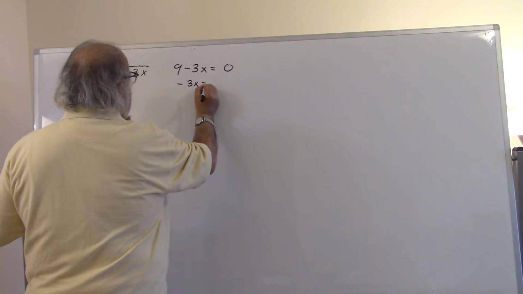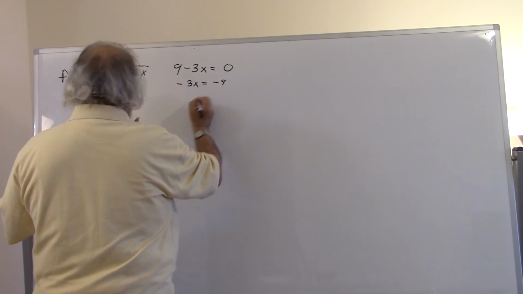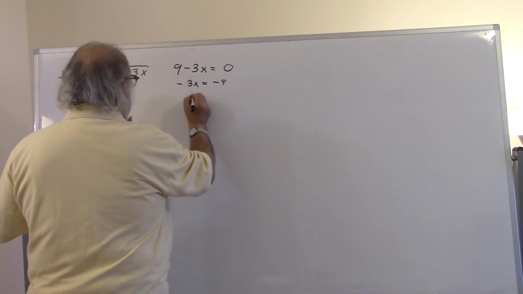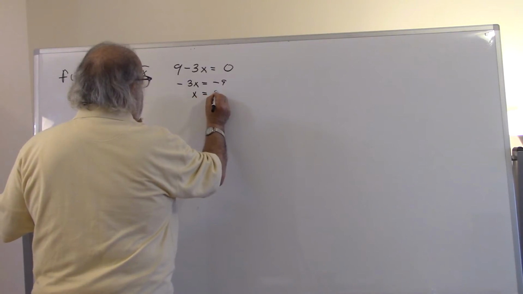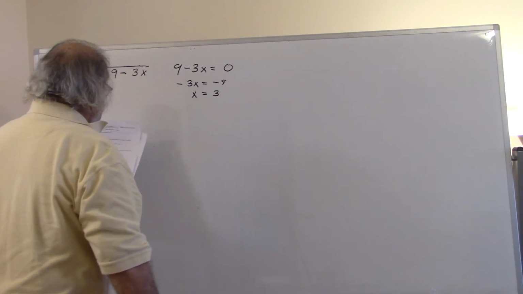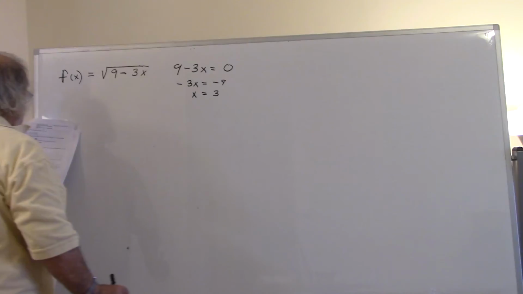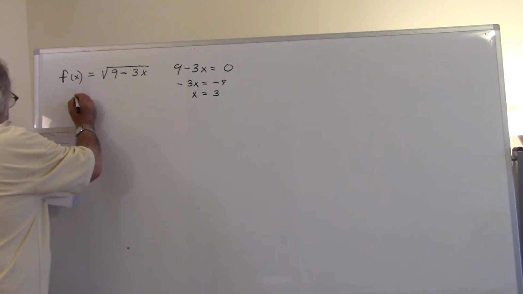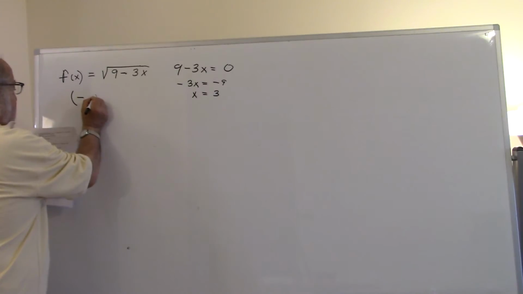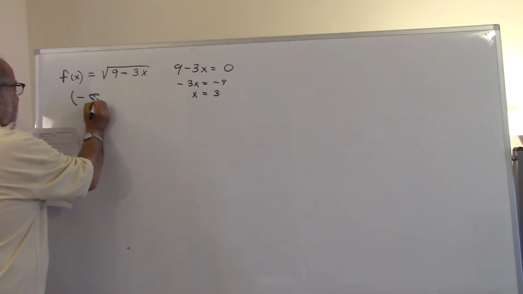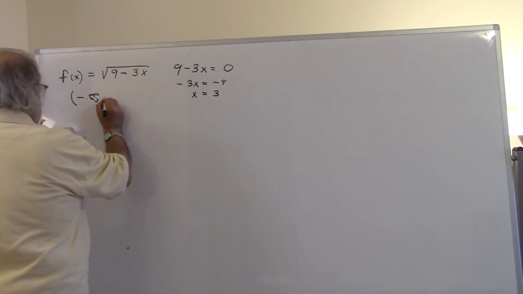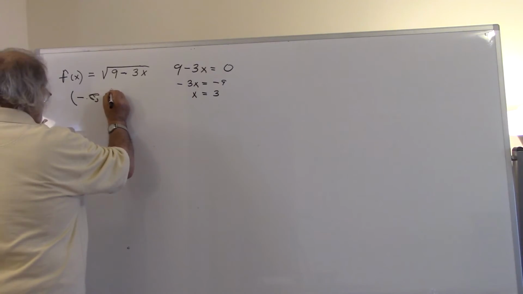Minus 3x equals minus 9. x equals 3. So your answer is, the domain is negative infinity to 3.